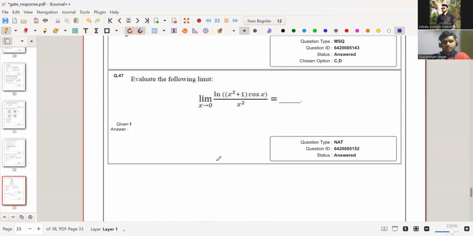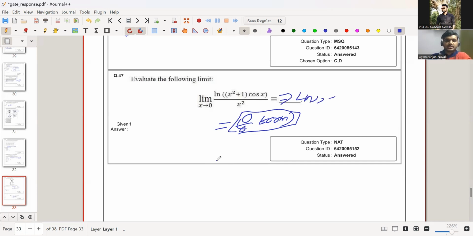Evaluate the following limit. Limit x approaches 0 of ln(x square plus 1) into a cos x, whole divided by x square. If you notice, it is 0 by 0 form. If it is 0 by 0 form, then you apply L'Hospital rule.